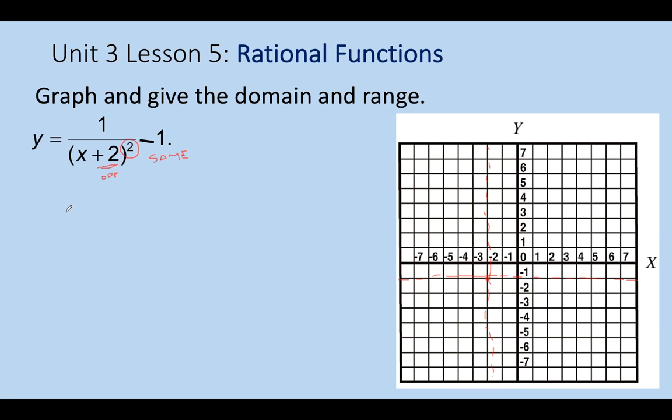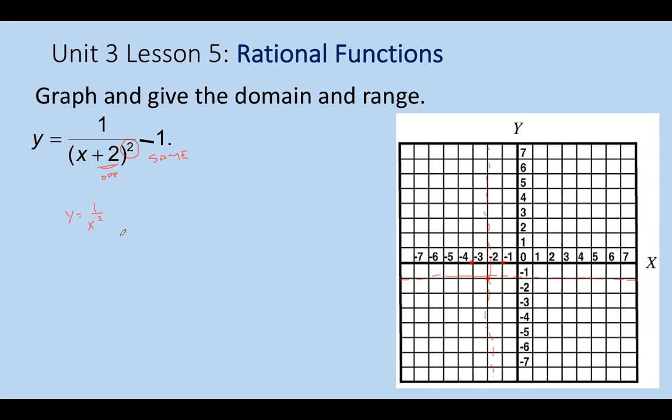I'm going to graph y equals 1 over x squared, again pretending like this is the origin, picking a couple of points. If I picked x equals 1, 1 squared is 1, 1 divided by 1 is 1. So I have a point right here. Negative 1 squared would be positive 1, 1 divided by 1 is 1. If that's enough to help you graph it, feel free to go ahead and do that.